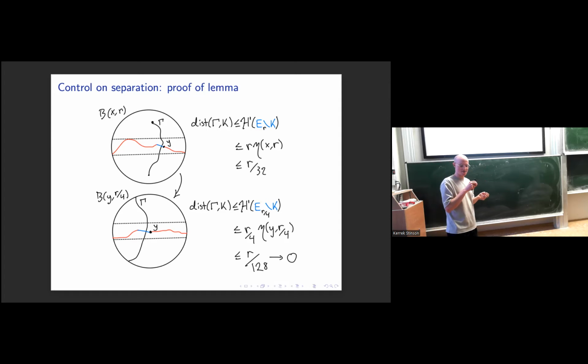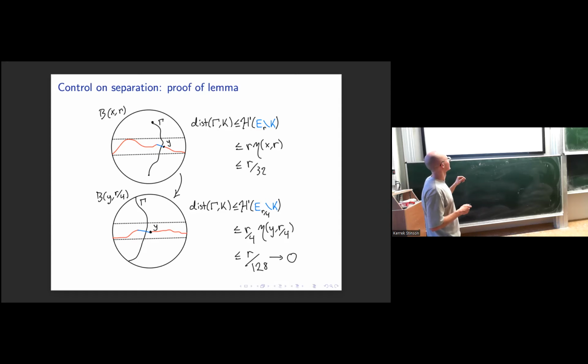Now this gamma is my connecting curve and it connects the top and bottom. And I want to estimate the distance from gamma to the crack. What I know is that since the minimal extension of the crack that appears in the length of holes is separating, then gamma has to pass through this extension because the extension separates it. And that means that the distance from gamma to the crack is at most the length of the extension outside of the crack.